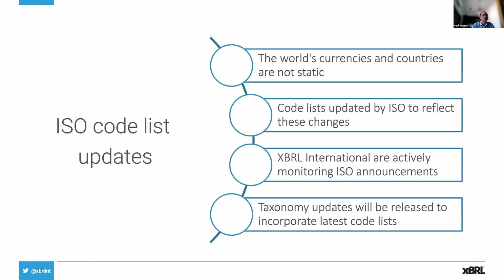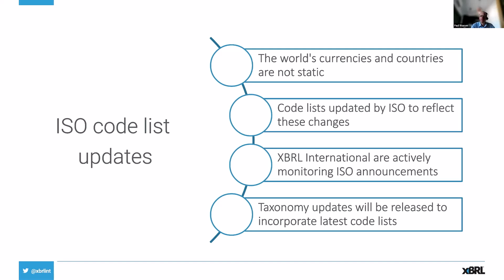As I mentioned earlier, one of the benefits of using the taxonomy is that you can take advantage of the fact that we are tracking updates to the code lists. The list of currencies and countries in the world is not static. It does change from time to time, and ISO update their code lists to reflect these changes. I think typically there's a handful of changes each year to both code lists.